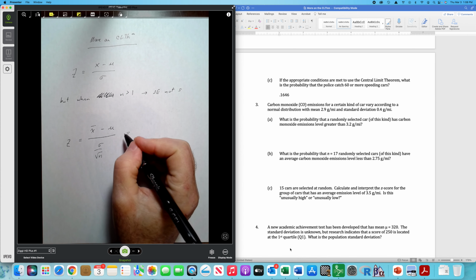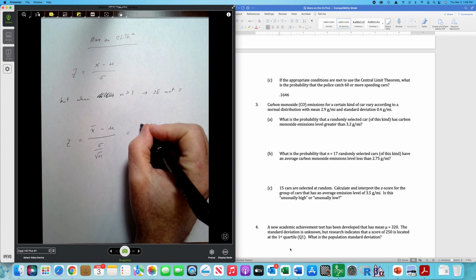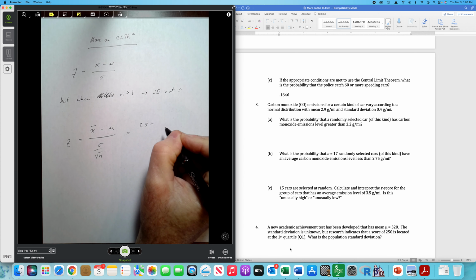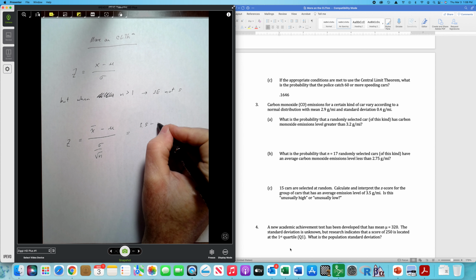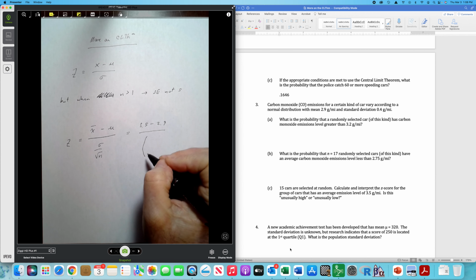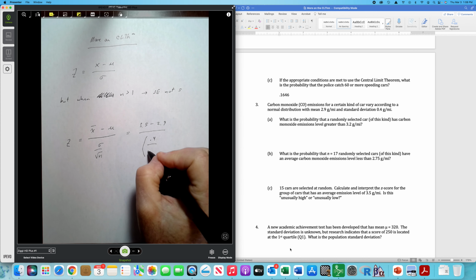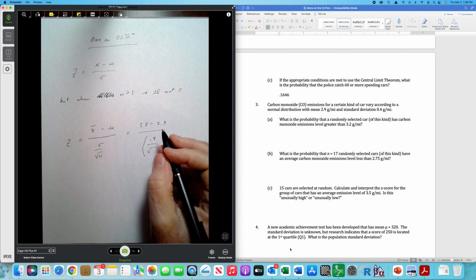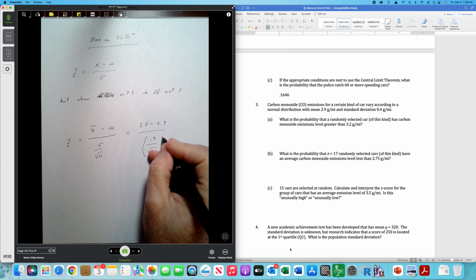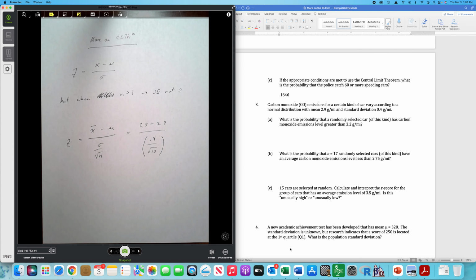So I can calculate the mean. So for C, average emission level 3.5. Mu is 2.9. And I need sigma, which is 0.4 over the square root of 15. All right, so let's put this in our calculator and not do anything goofy. So I'm going to put 3.5 minus 2.9 in parentheses.